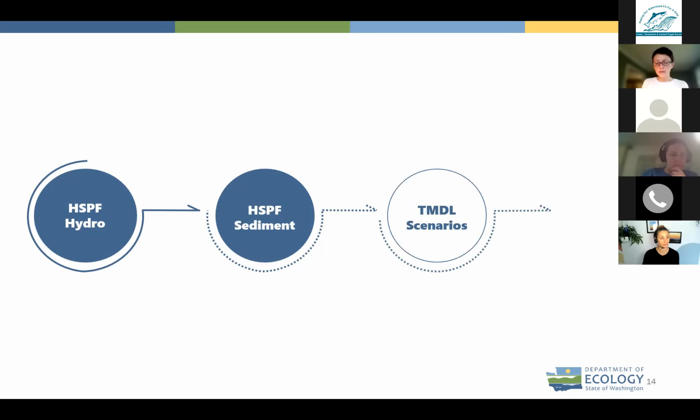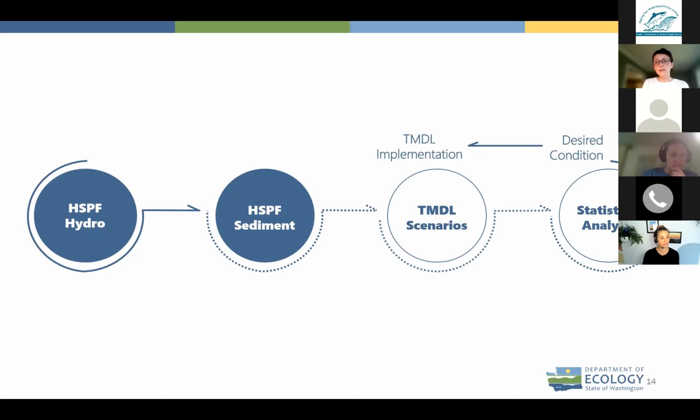And once we have a good handle on these scenarios, we will do some statistical analysis to help us understand the bounds of possible outcomes to make sure that the allocations of the TMDL will get us to the desired conditions. And hopefully they'll help us turn the corner and we're off to implementation.